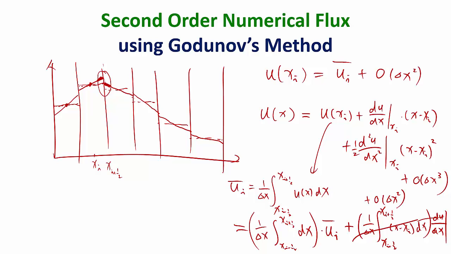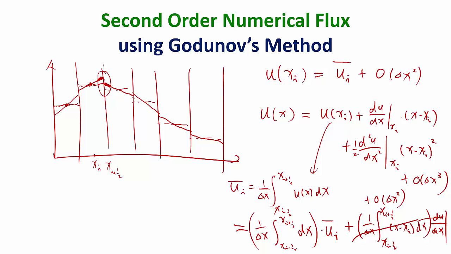So what I'm doing here is convincing you that the volume average, which we have in the finite volume scheme, is a second order approximation of the cell center values. The cell center values are just the center of the interval in 1D. But in general, this is true even if we go to 2D or 3D.